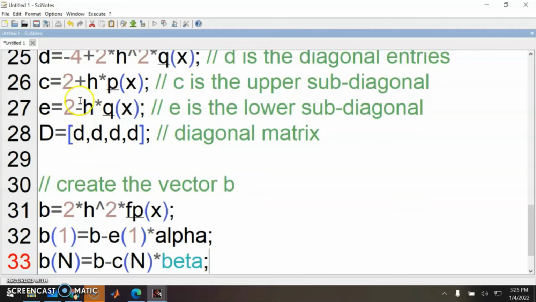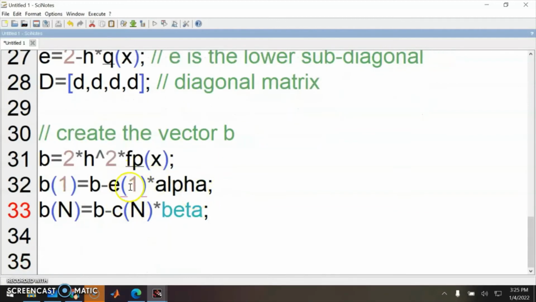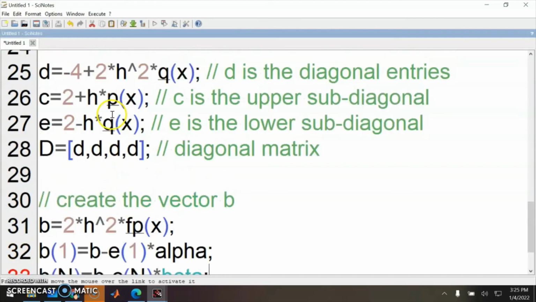Okay, so these are all my C here, but obviously it will not recognize what is my E1 because this is my E, all this element here, the lower subdiagonal.